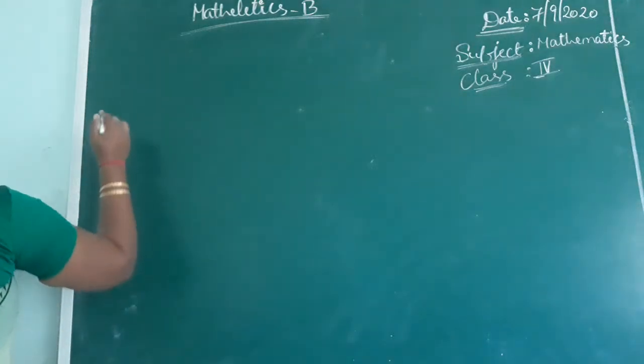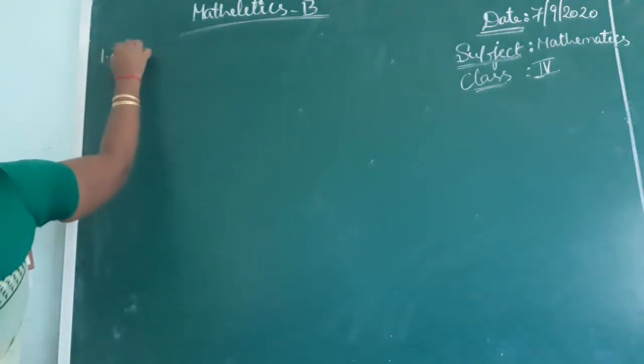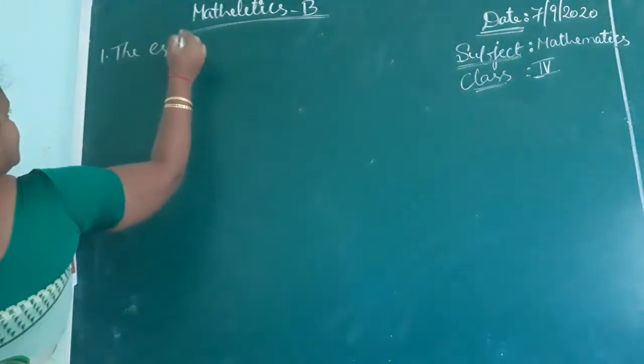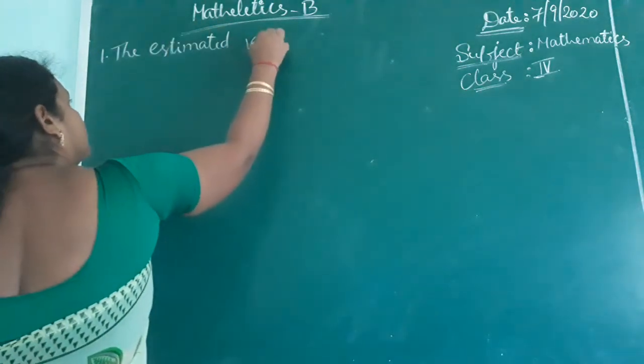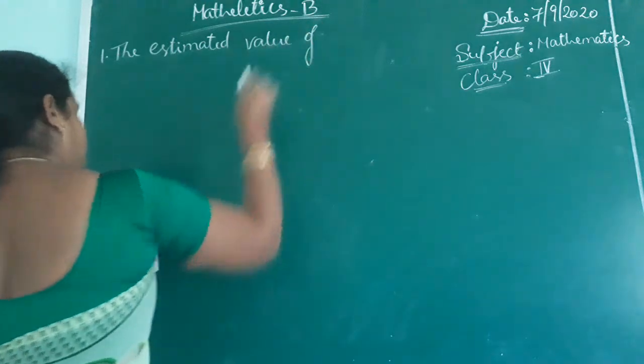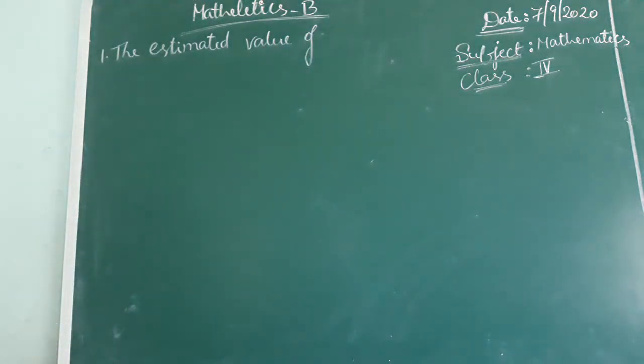First one, the estimated value of two numbers addition.